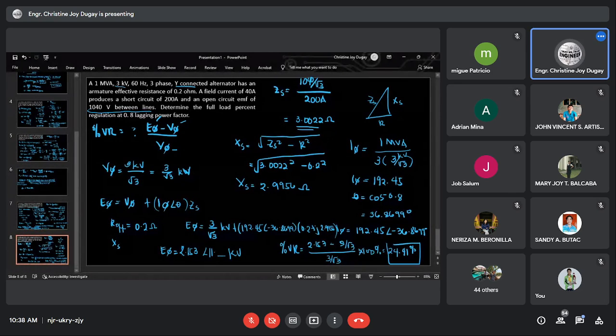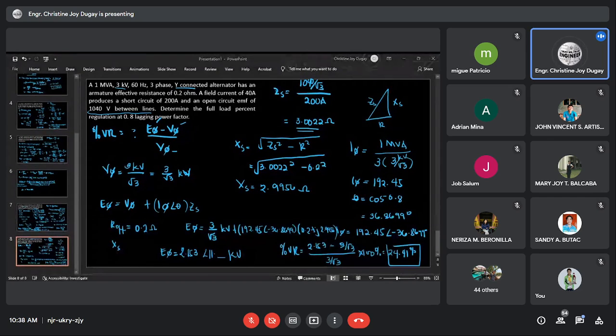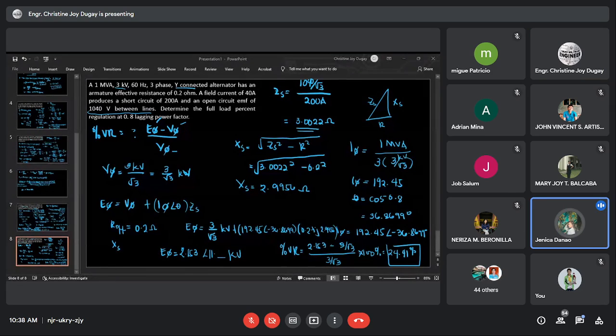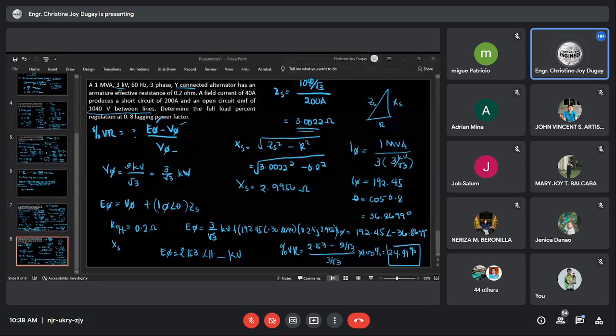Any questions, clarifications? May tanong po ba? Wala na po, ma'am. Okay, so if none, let's proceed with number 6. Last number na po tayo before you are going to have your next subject or lunch, pag wala na po kayong gagawin.